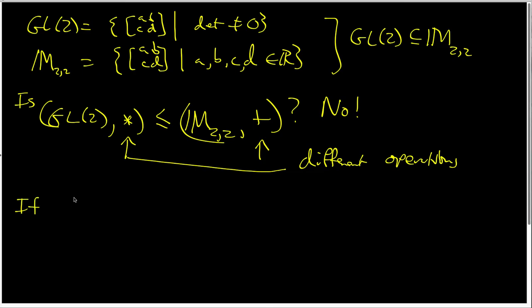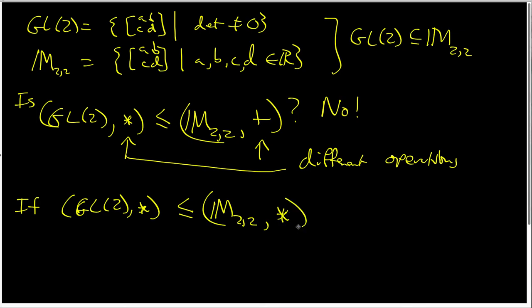If I think about whether or not GL2 under times is a subgroup of M22 under multiplication, the answer to this is also no, and the reason why here is that while we're using the same operation in both of these algebraic structures, M22 under times is not a group.